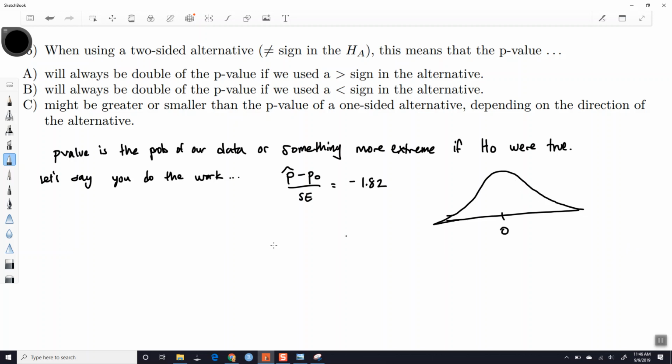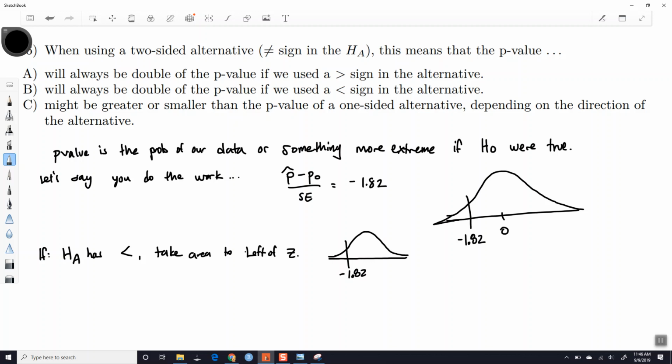All right, so this is our picture, negative 1.82. Okay, so if the alternative has a less than sign, we take the area to the left of Z, which in this case is negative 1.82, and we shade that area.